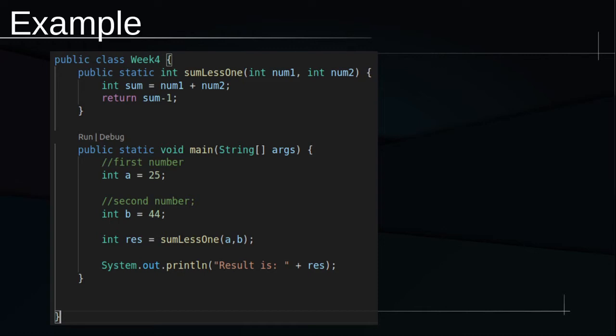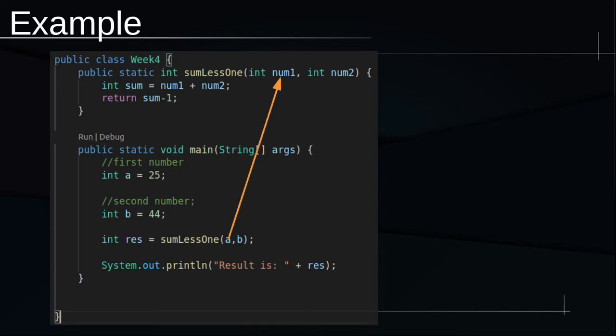Somewhere down the code in the main method, you also see a call to the function sumLess1. This is a function invocation. And within this function invocation, you'll find that a and b are inside of the parentheses, and these are the arguments. Notice that a has a value of 25 and b has a value of 44.